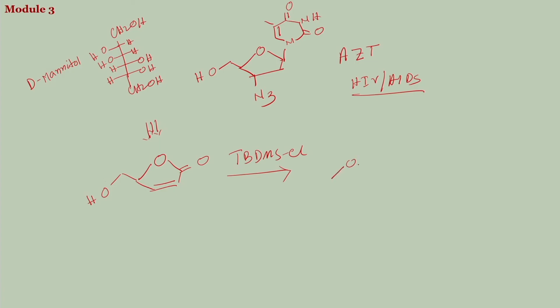If you use that, then you can get O-TBDMS. You can do it by DMT as well. DMT is a little bit fragile, so if you want to do multiple reactions after DMT, it is better to avoid DMT at the beginning.